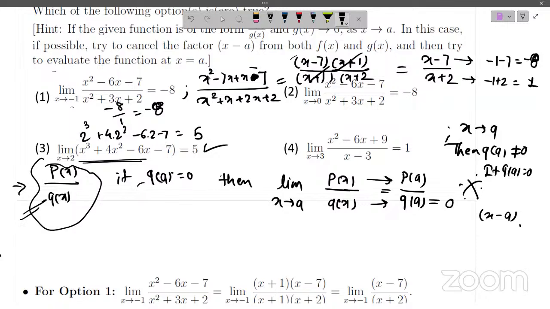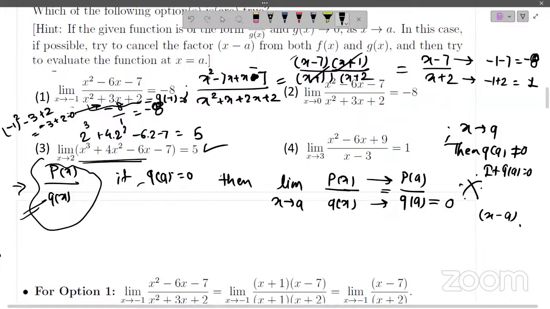For example, here, if I apply x equals minus 1, the denominator becomes minus 1 square minus 3 plus 2, which is minus 3 plus 3, which equals 0. So in this case q(minus 1) becomes 0, and we cannot just put in the value of x as it is. You're getting my point, right?